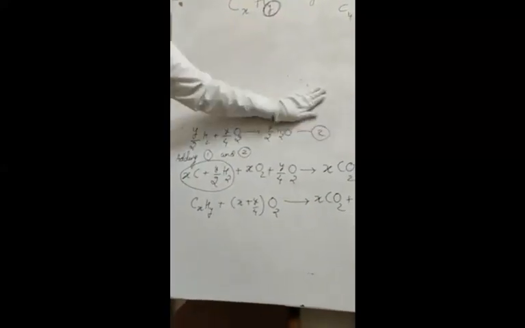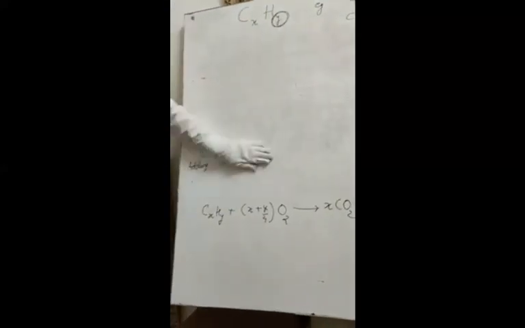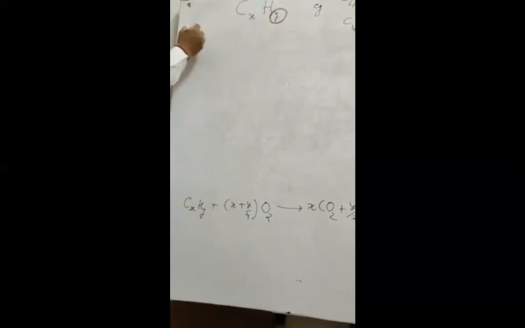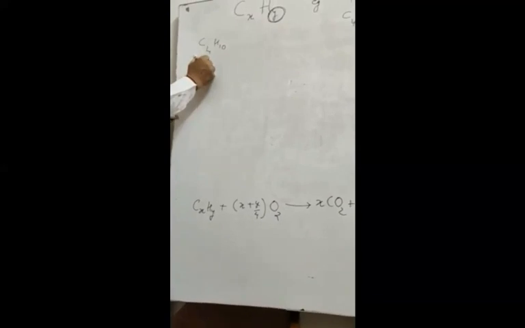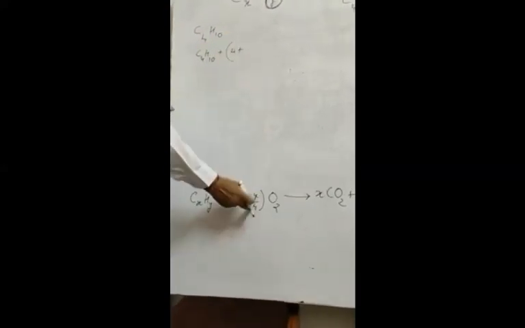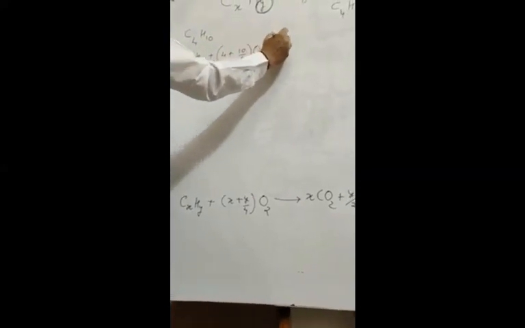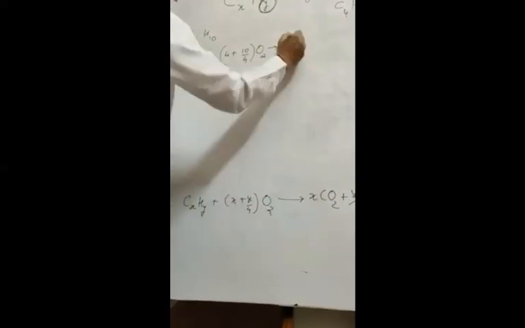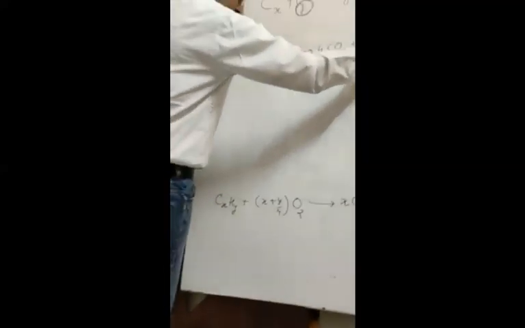Now let us apply the same thing to this C4H10. So you can see that C4H10 plus (x + y/4), that is 4 plus 10/4, of oxygen will give you 4 times carbon dioxide and 10/2 times water.